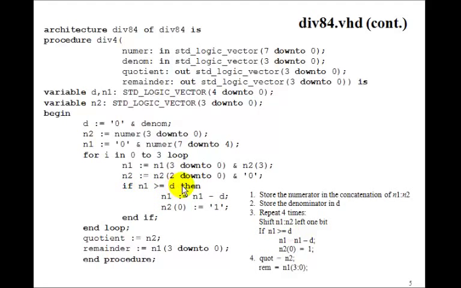Well, if n1 is greater than or equal to d, then n1 gets n1 minus d, and n2 0 gets 1. Okay? And we do this 4 times. So that's the for loop. And then when we're done, the quotient is just in n2 and the remainder is in n1, 3 down to 0. So this procedure implements our 4-bit div4.